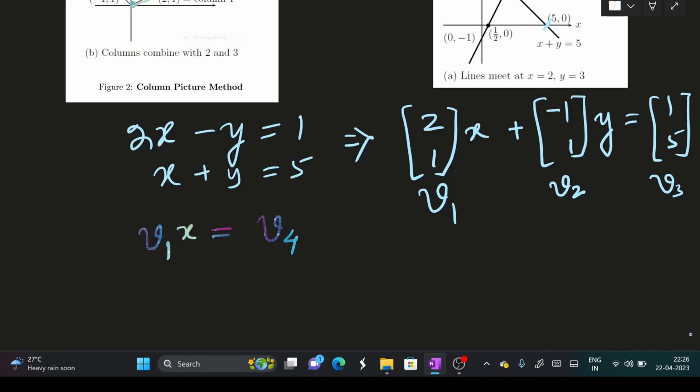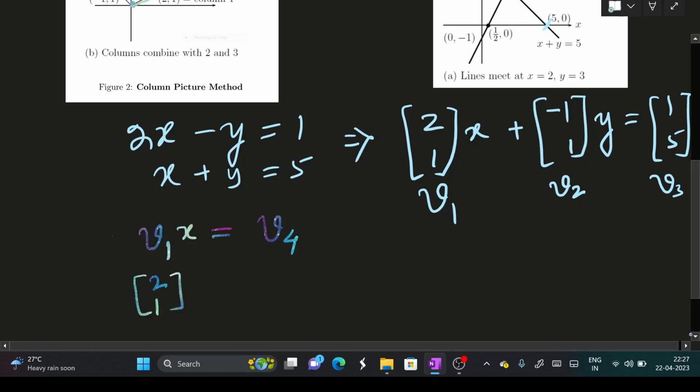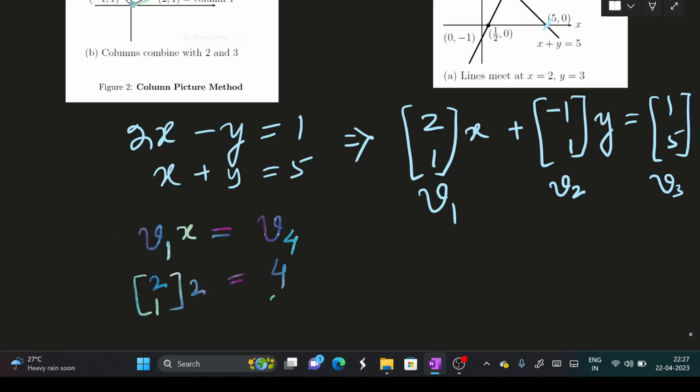What is my V1? It is 2, 1, times x is equal to 4, 2. Now you tell me what is my x. This implies x is equal to 2.